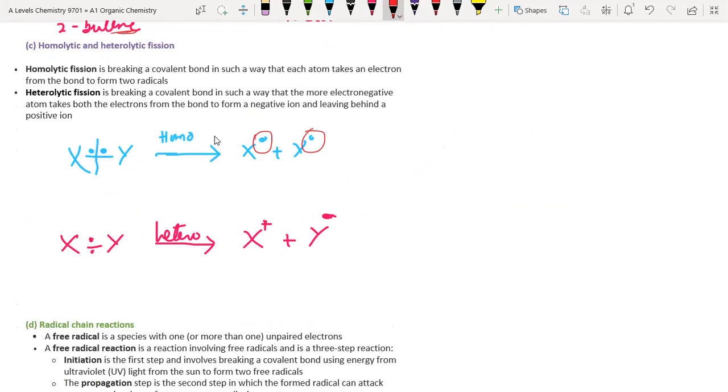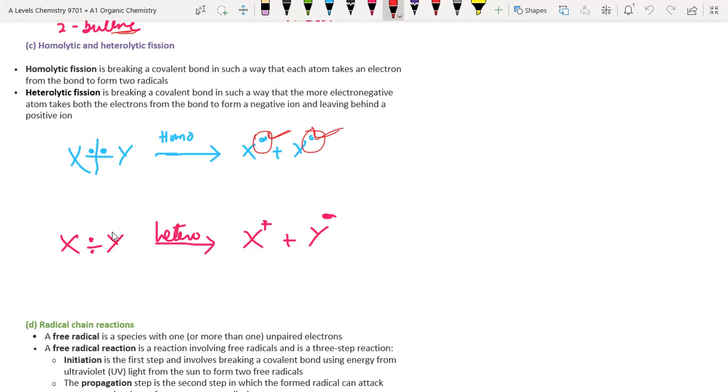It means the shared pair of electrons will be distributed so that both have an equal share. That is, X will have one electron and Y will obtain one electron, forming radicals.